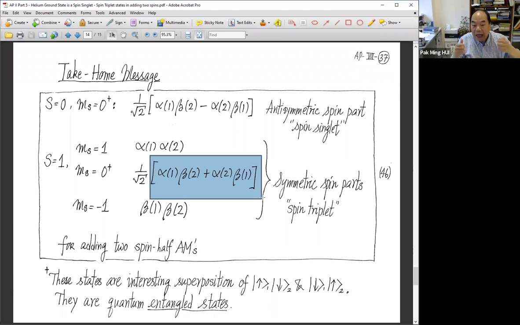And then they are born in this way so that the 2 particles is like one up, the other down, but a linear combination like that, okay?